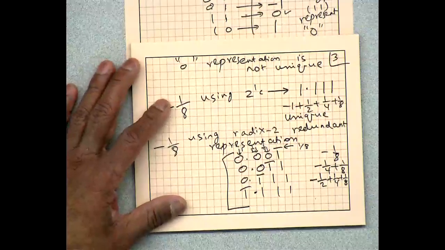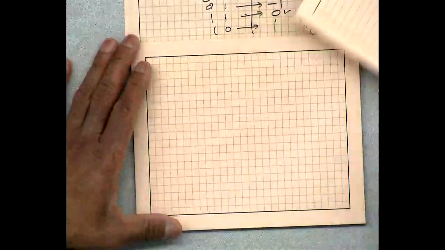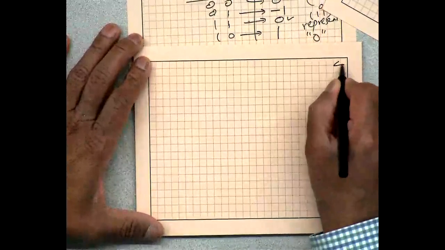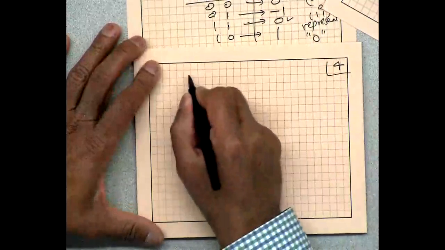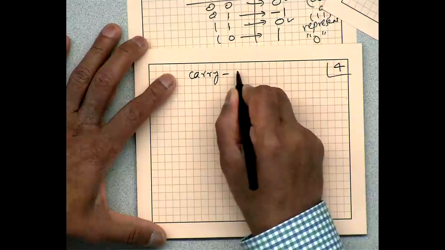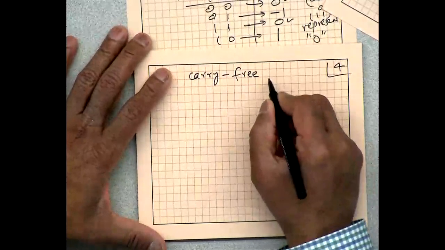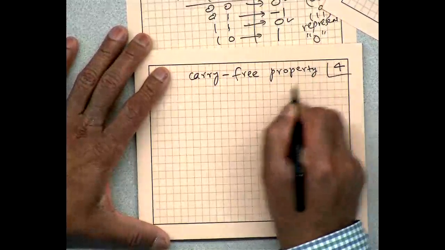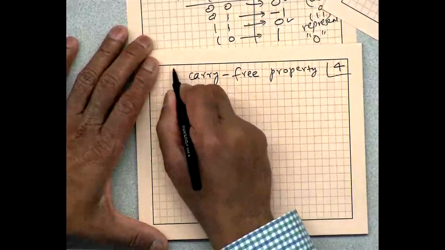How does this non-uniqueness help us in simplifying some arithmetic? Initially it was thought that the redundant representation can lead to so-called carry-free operations. So we'll talk a little about that. It's not really carry-free, but there is a small amount of carry-free property.